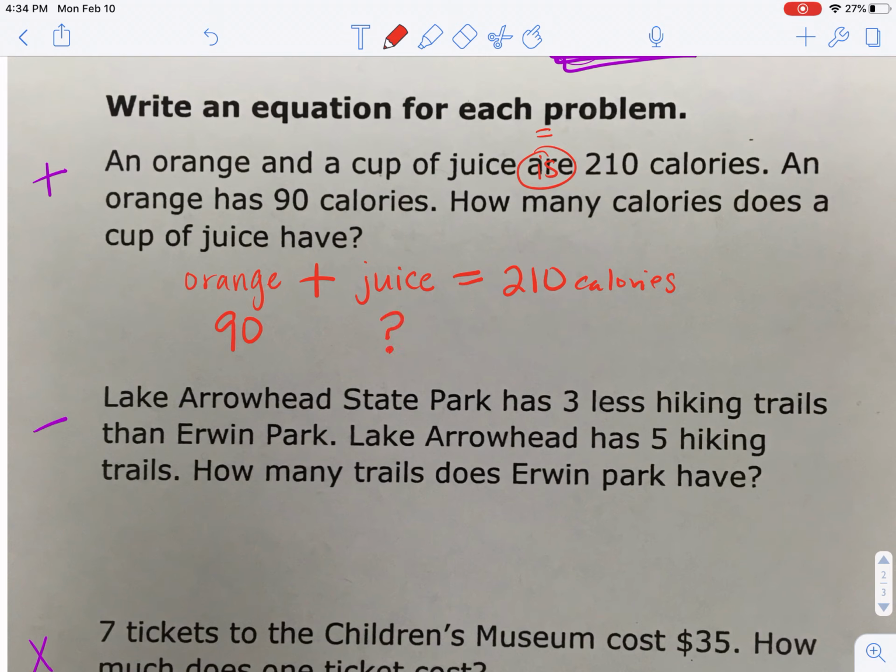This is what we don't know. So the way that we can set this up as an equation is 90 plus, I'm going to say J as my variable, equals 210. And that's it. So we would have this as our equation, and that's all we're trying to do, is write the equation.